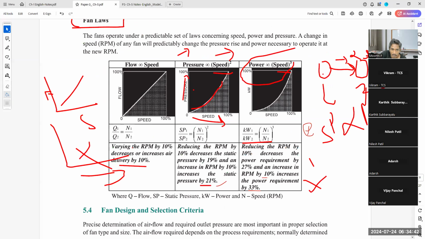You can see the diagram. Here, flow, speed. If speed is 1000, same, directly proportional to flow. There is no change. And next is pressure. Static pressure. Static pressure is directly proportional to speed square. Understand? Pressure directly proportional to speed square.